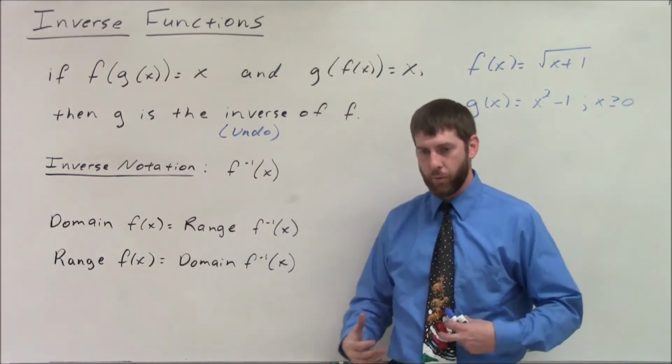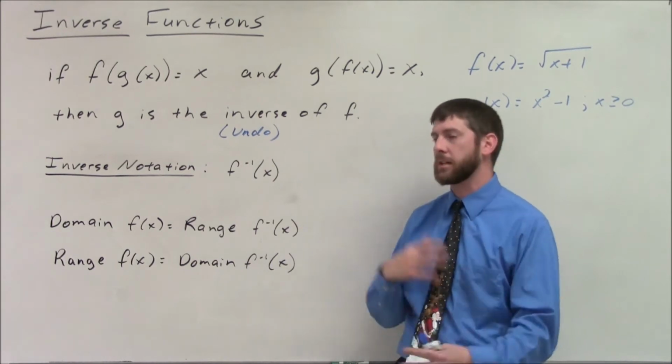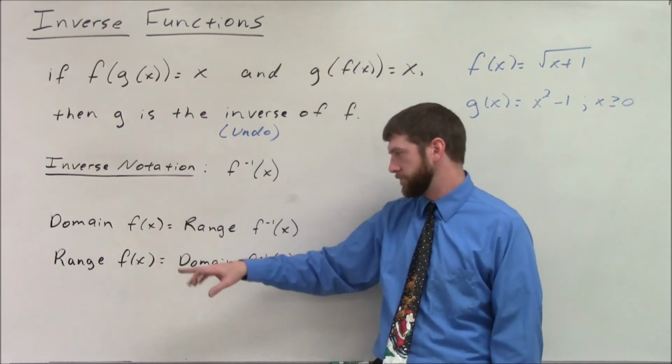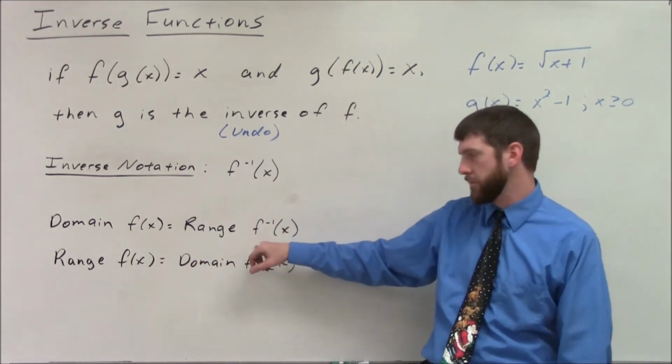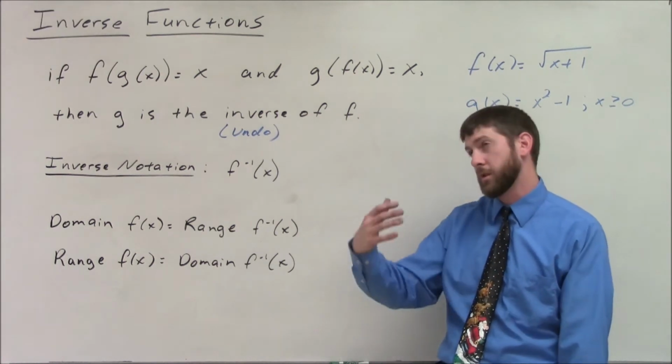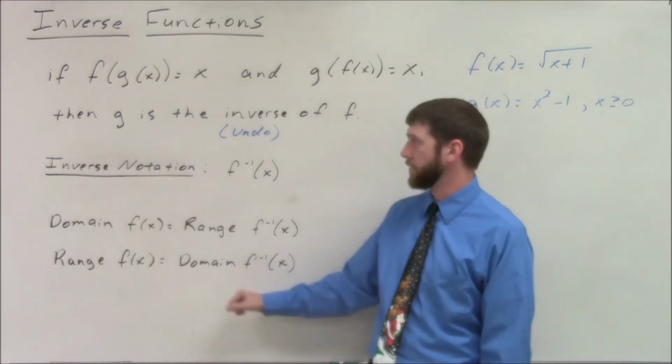Now, what's going on? The reason that they cancel each other out, that they undo each other, is because the domain of one function is going to be the range of its inverse. And the range of the function is going to be equal to the domain of the inverse.